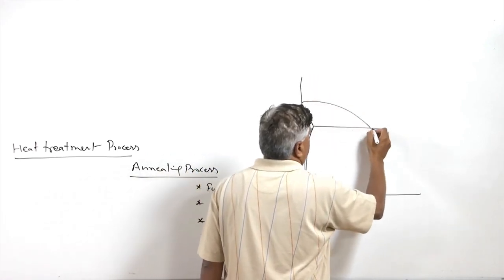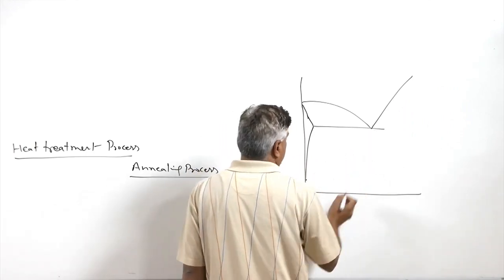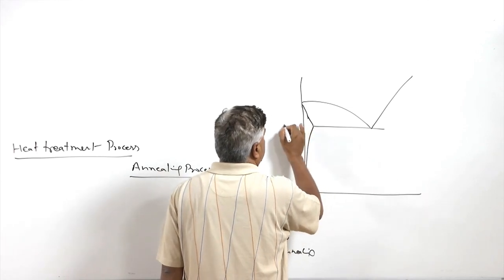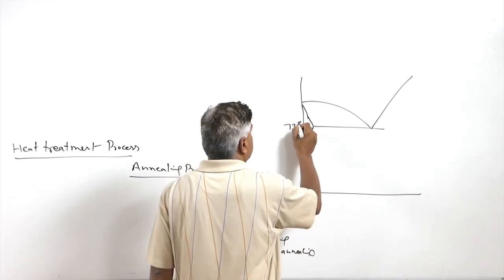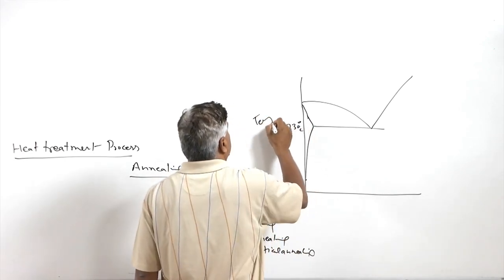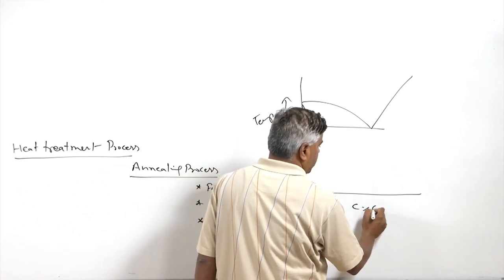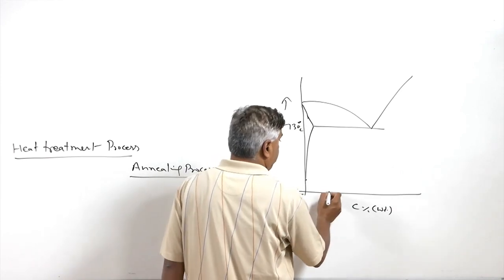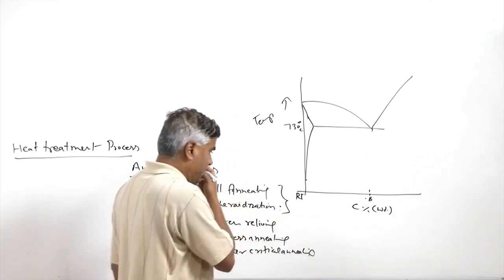Say this is the lower portion of the iron carbon diagram, with the room temperature and the eutectoid temperature corresponding to 730 degrees centigrade. The temperature is on the y-axis, and on the x-axis we have the weight percentage of carbon, and say this is corresponding to 0.8% carbon.